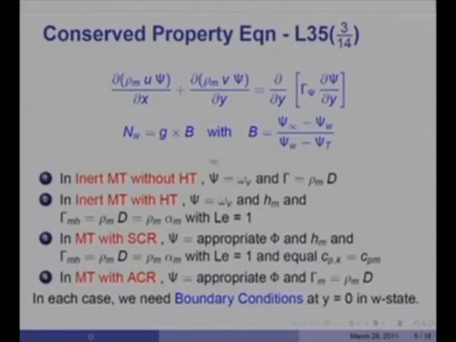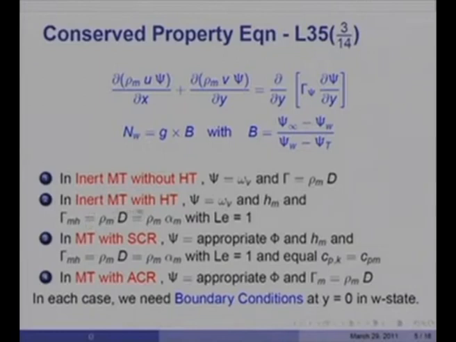So if I write in conserved property form, the equation is simply this, with S phi equal to 0, Nw equal to gB, and B is equal to psi infinity minus psi W over psi W minus psi T. Now in inert mass transfer without heat transfer, as you will recall, psi is simply omega of the vapor and gamma is rho D, the diffusivity.